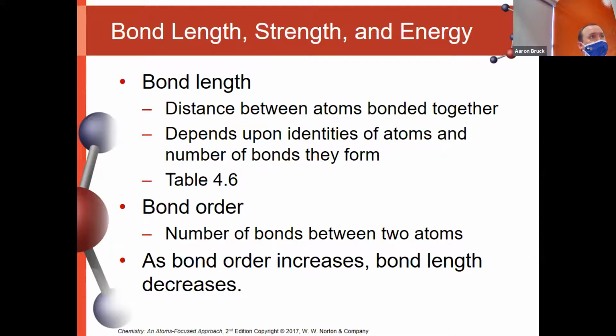The higher the charge is, the greater the attraction. And radius, bond distance. The closer they are, the more attracted they are to each other. The further apart they are, the less attracted to each other they are.